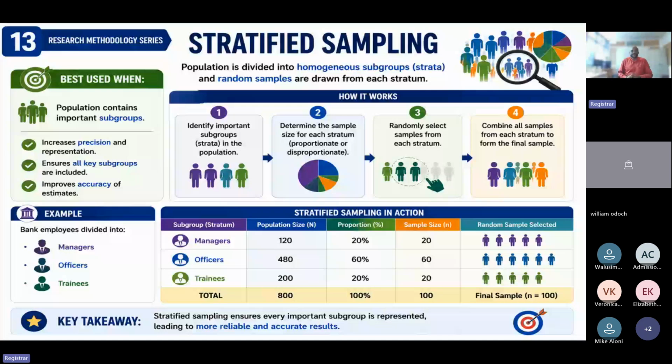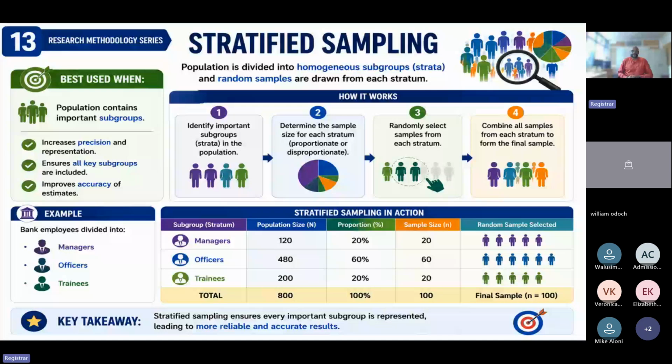Because as a researcher, I tell you, if you don't know your population, that's not good for you. You cannot do good research. That's why, when I walk in the slums, I literally walk. I prefer walking because I need to know what is actually happening. So you should know the subgroups in the population.